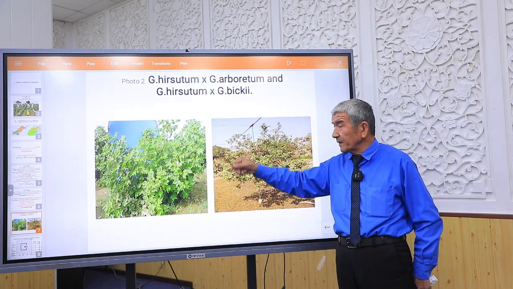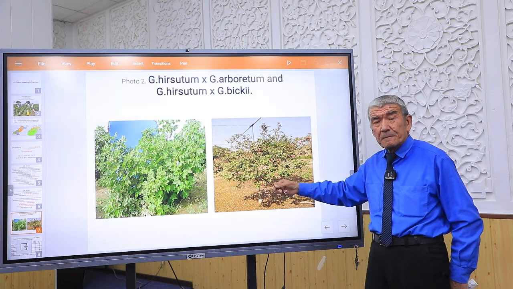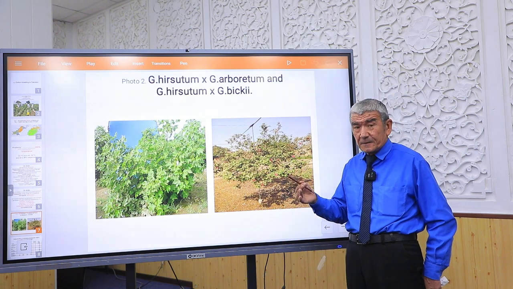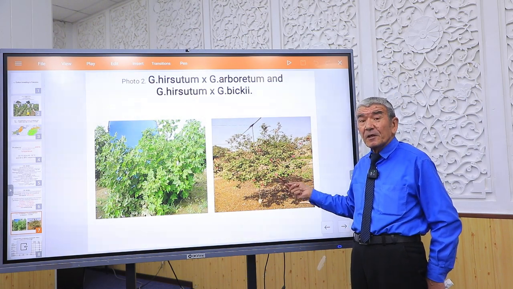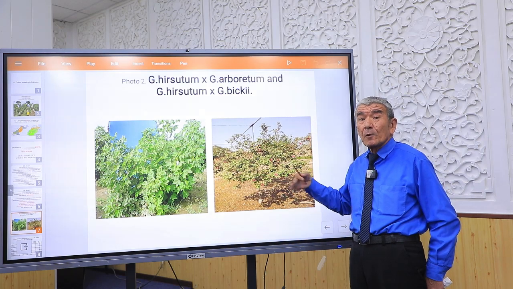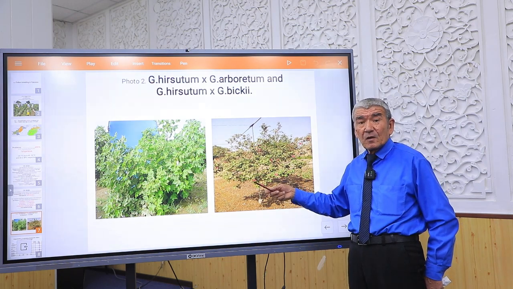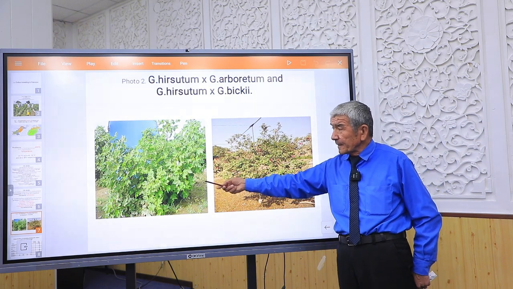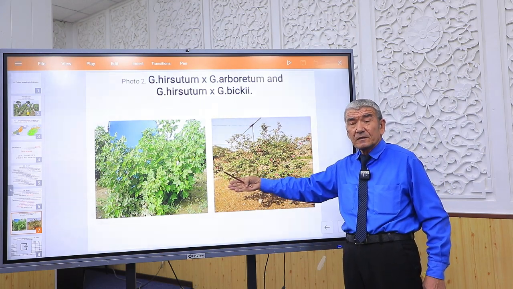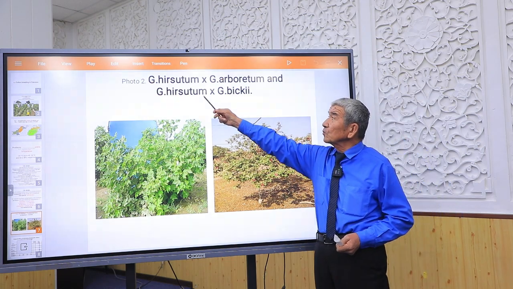We know from our previous lessons they are wild species, both having very high resistance or tolerance to all biotic and abiotic stresses because of the availability in them of some properties to withstand these stresses. They serve as initial materials for the above mentioned valuable characteristics to be transferred into hirsutum varieties.